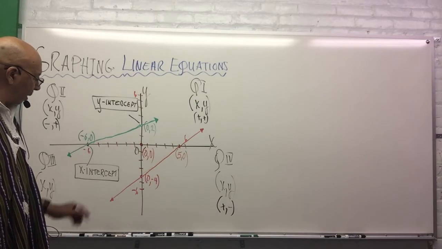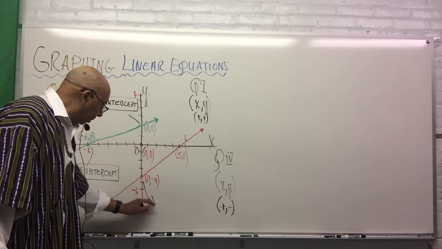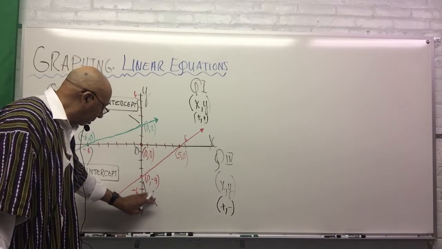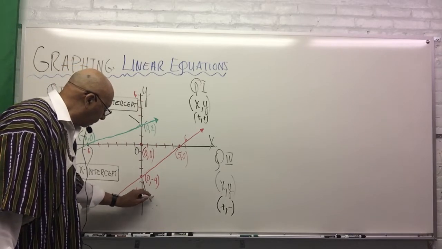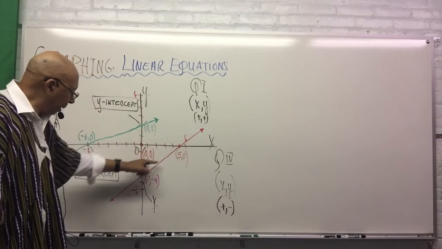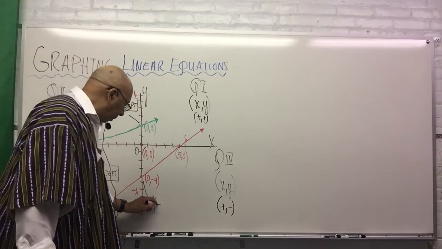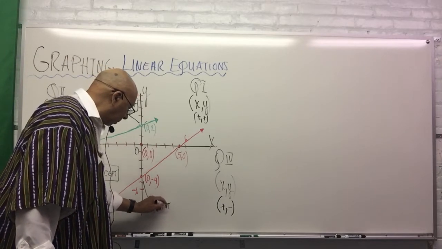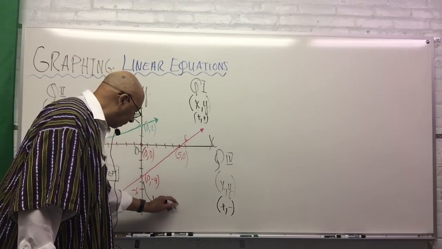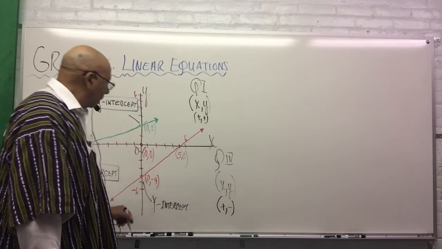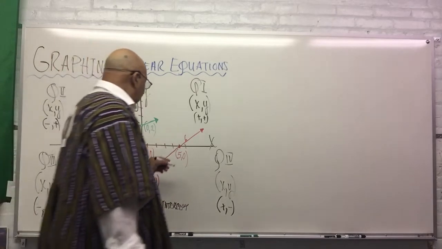Now, you can see, you will call this point the y-intercept, because the pinkish line crosses the y-axis at that point. That will be the y-intercept. Intercept means crossing. And this would be the x-intercept.